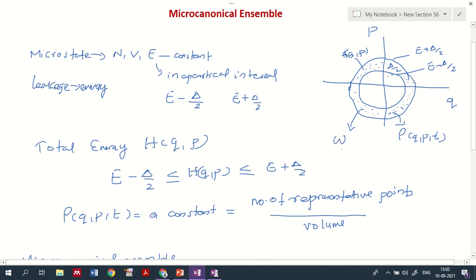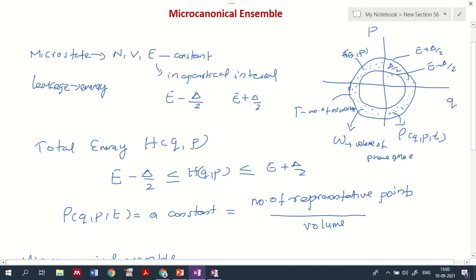So omega is the volume of the phase space region, the volume of this entire region. I have also represented different microstates, so gamma represents the number of microstates or number of representative points, and omega is the volume of phase space.